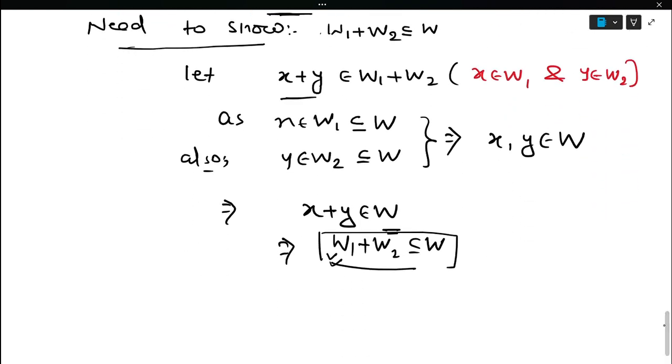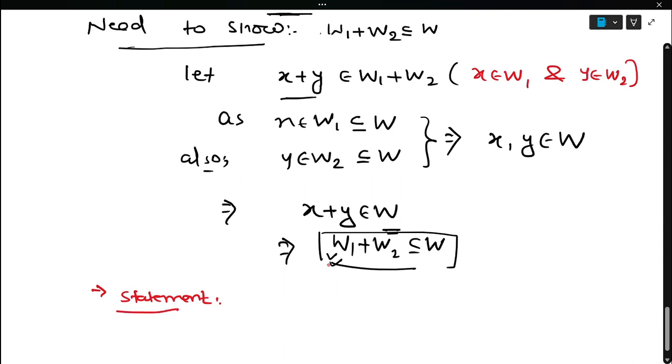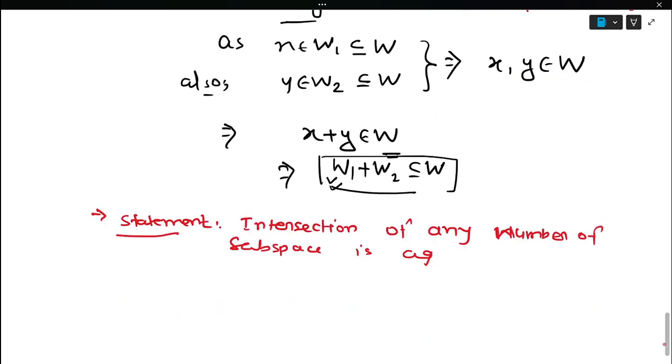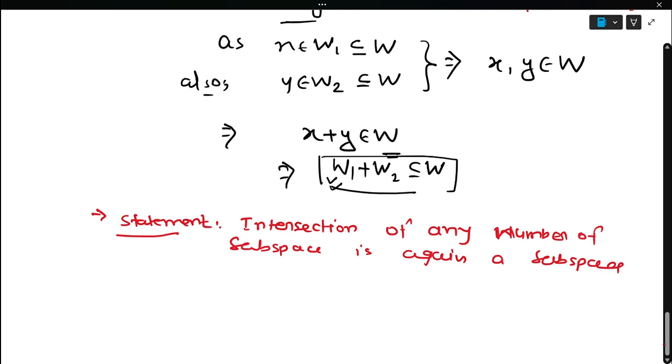Now I'm going to give you a theorem to prove: the intersection of any number of subspaces is again a subspace of the vector space V. Please prove this statement.